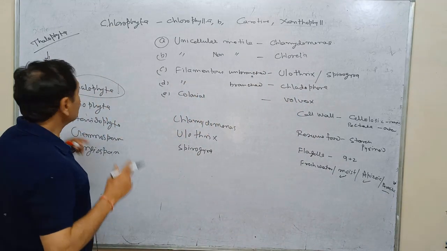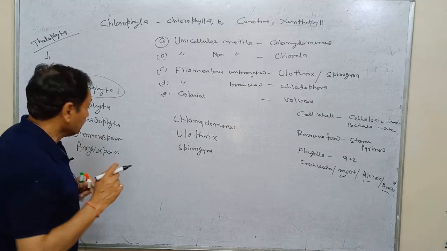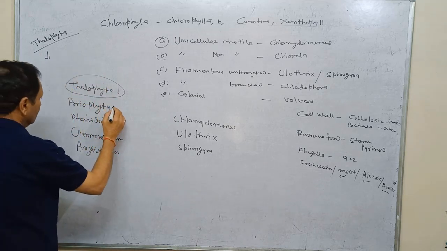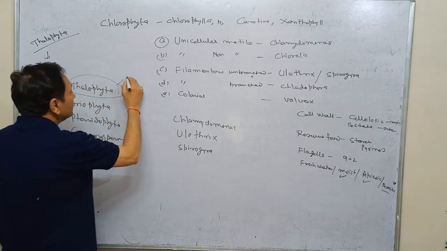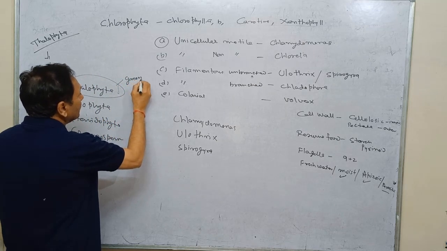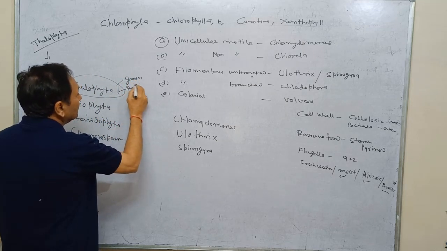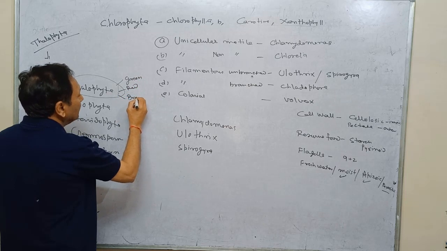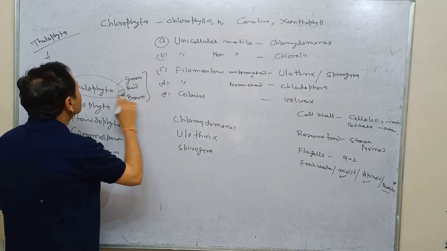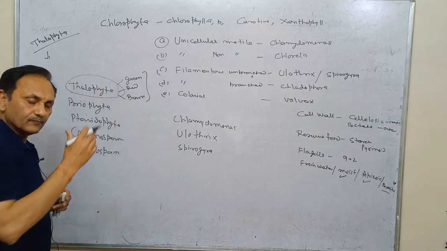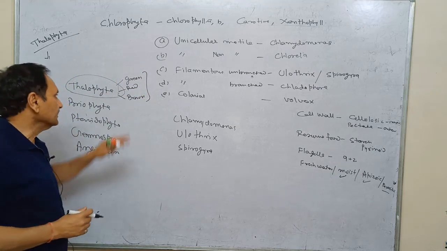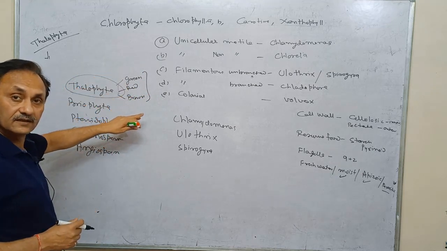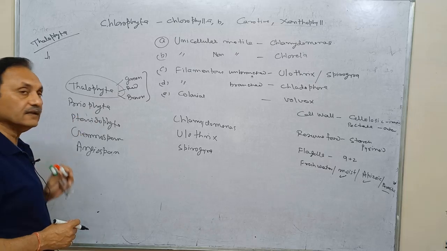The thallophytes are of three types: green algae, red algae, and brown algae. It means we can study the thallophytes under the heading algae, and they are the green algae, red algae and the brown algae.